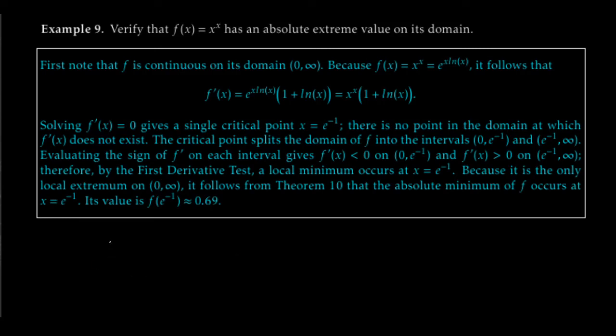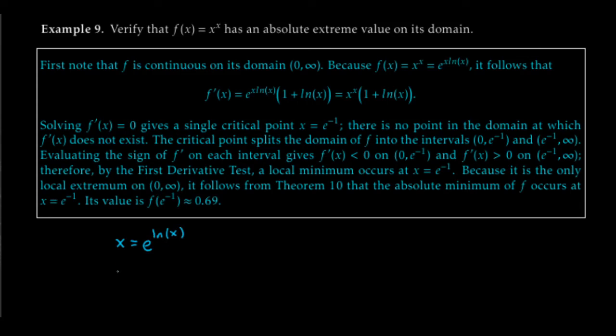So the thing to notice, if you recall, is that e to the x and the natural log of x are inverse functions. So we could write, if we wanted to, that x is equal to e to the natural log of x. Okay, that's definitely true. E to the natural log of x is x. Fair enough.